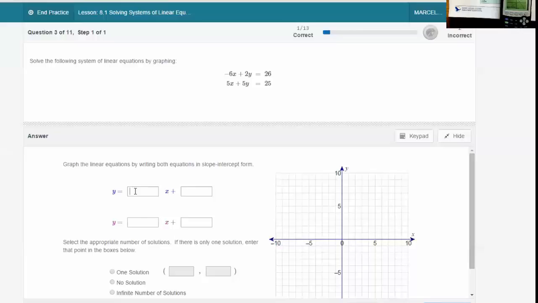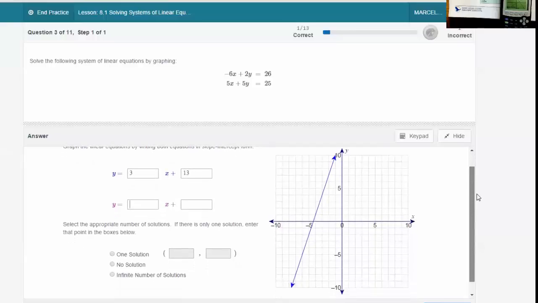So you type that in here. So 3x, don't type the x because they already have it in there, plus 13. And notice what it did in your graph. It went through and graphed that line in there for you, okay? So then do the same thing with the next one.